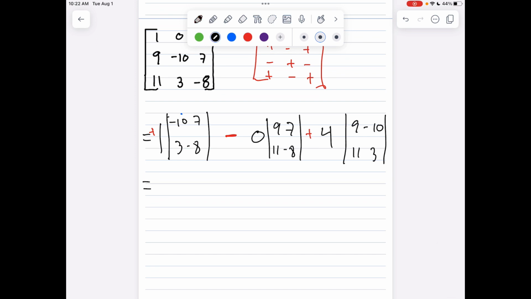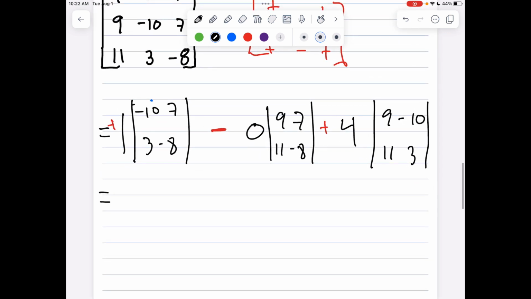And how does that work? We're going to compute these 2 by 2 determinants. Starting from the upper left number, minus 10, you multiply by the bottom right number, minus 8, which is 80. And you subtract, it's always a subtraction, the bottom left number times the upper right number.